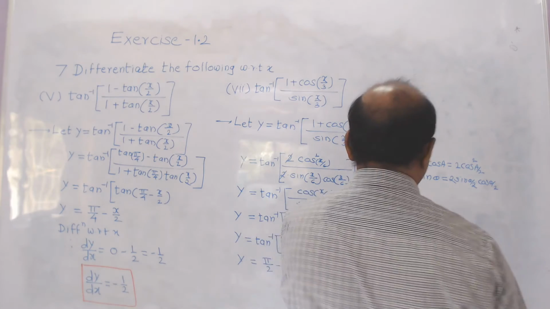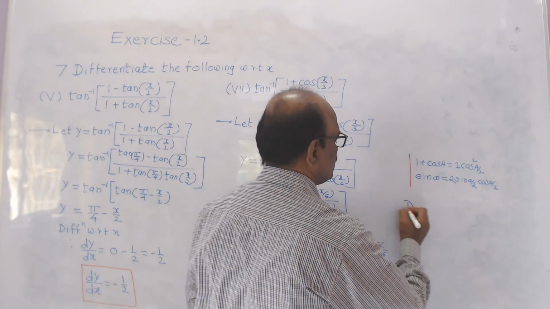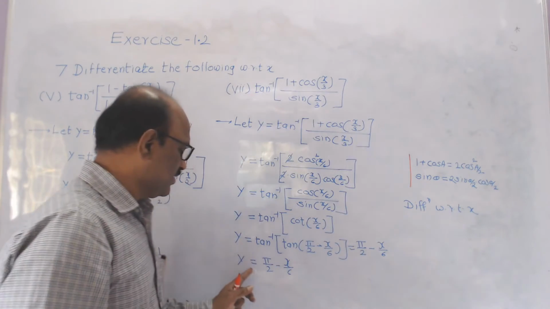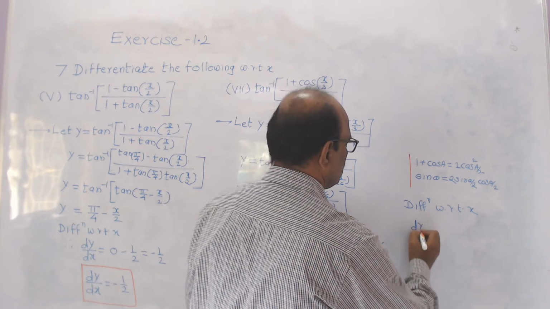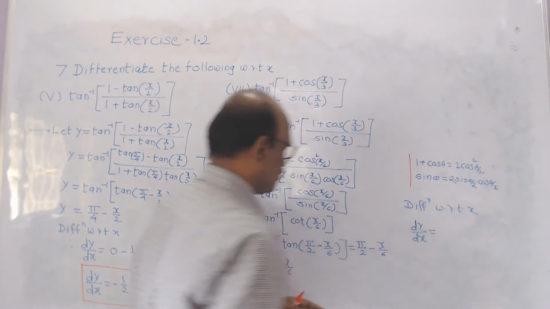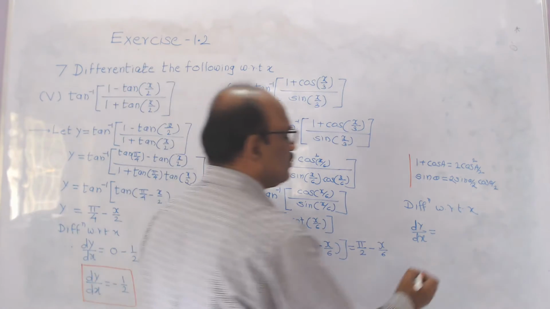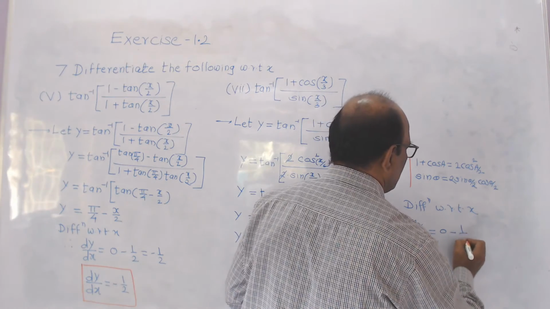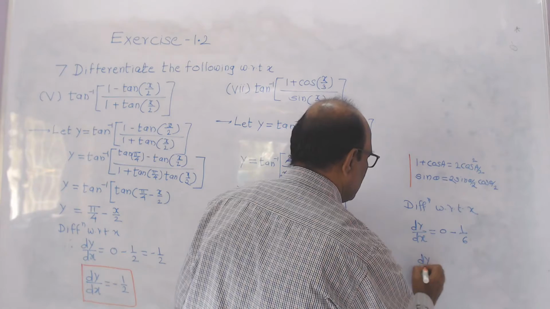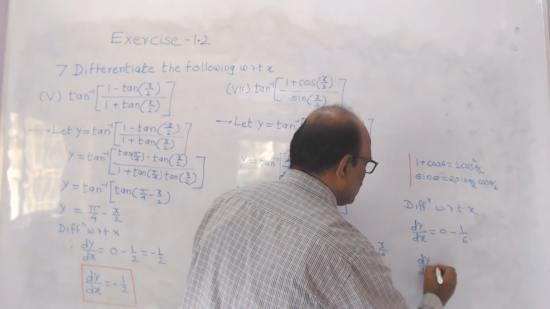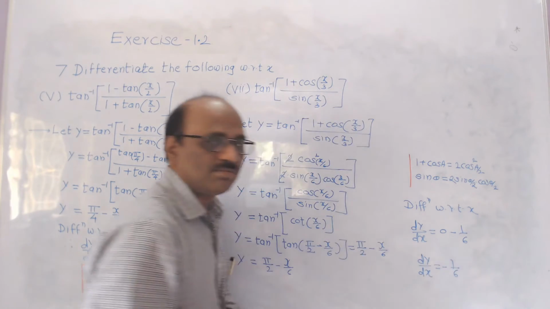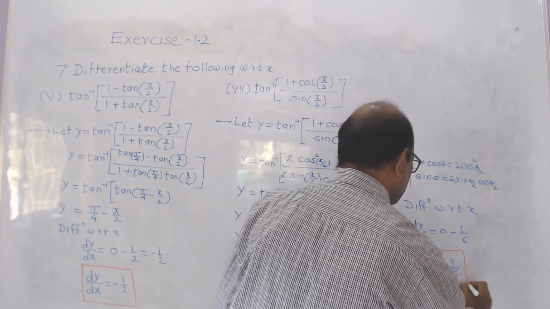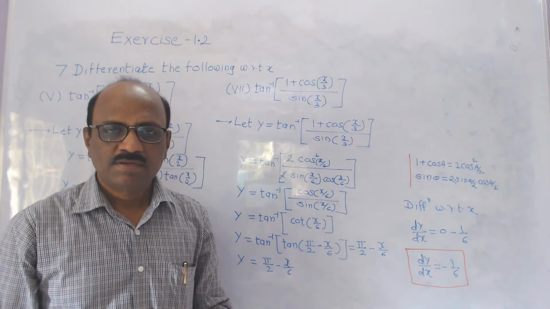Therefore, dy by dx is equals to pi by 2 is a constant, its derivative is 0, and the derivative of x is 1, that is minus 1 upon 6, and hence dy by dx is equals to minus 1 by 6, and hence the answer is dy by dx is equals to minus 1 by 6.